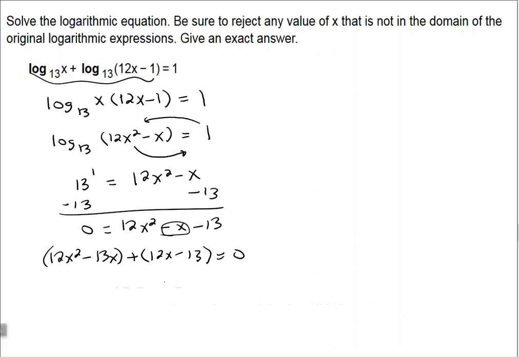That would be the negative 1x there. I replaced it, and made my two groups, and then I factor out the GCF out of each group. Factor out a 1 out of the second parentheses since I could not factor out anything else. So I end up with the factors of x plus 1 times 12x minus 13.